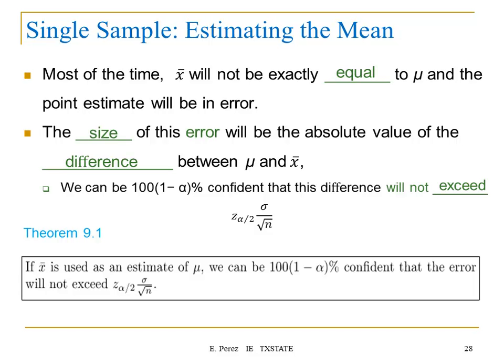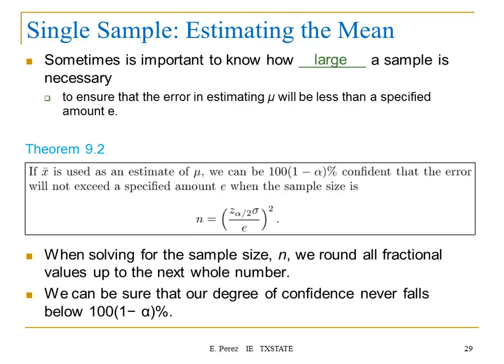So by theorem 9.1, if x bar is used as an estimate of mu, or the population mean, we can be 100% times 1 minus alpha percent confident that the error will not exceed this number. And this looks familiar, right? This is part of the bounds of the confidence intervals. So what we are doing is just adding this value or subtracting that value in order to get the upper bound or the lower bound.